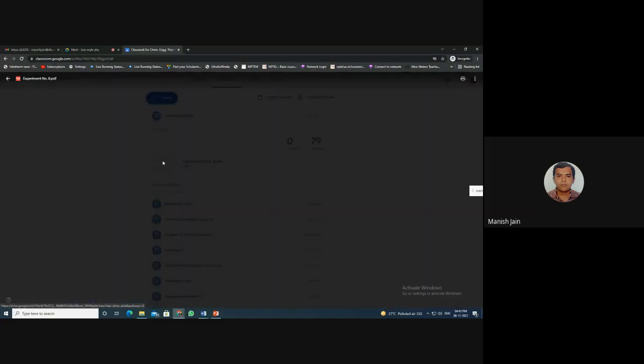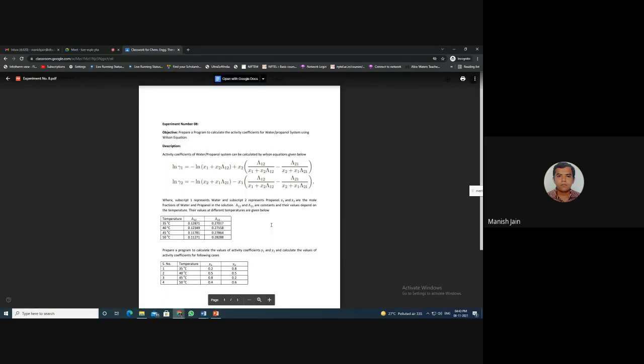You have another model called the Wilson model. This is also a very important equation, and a slightly more difficult model. Here again you just have to substitute the values. You have four different temperatures, and at each temperature the values of the constants are different.